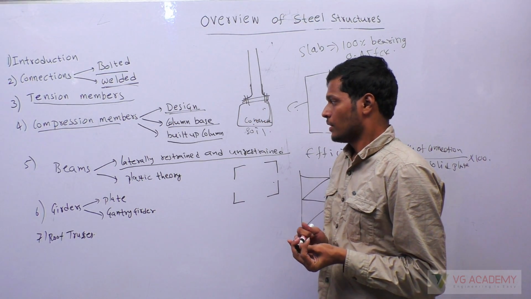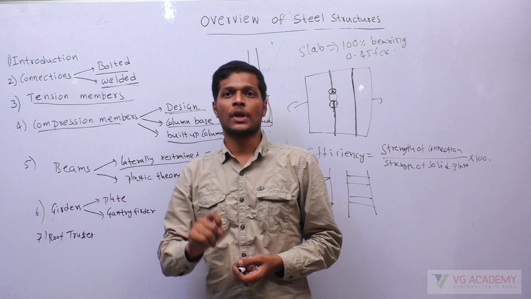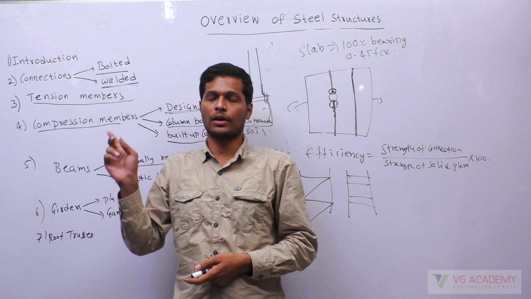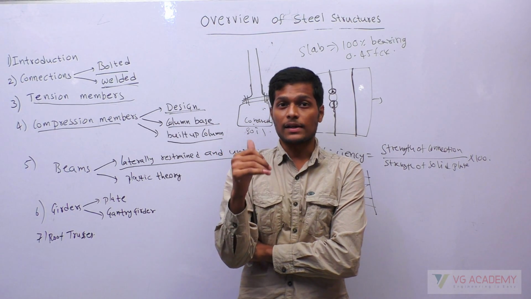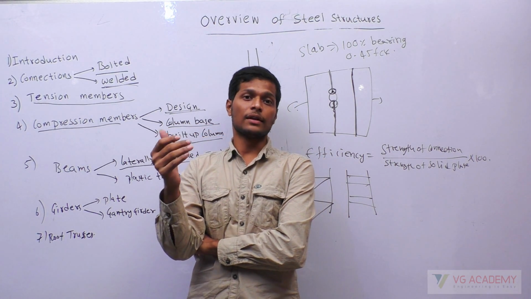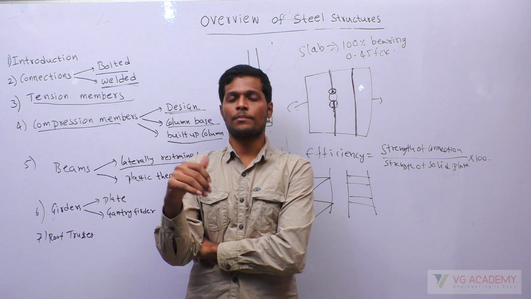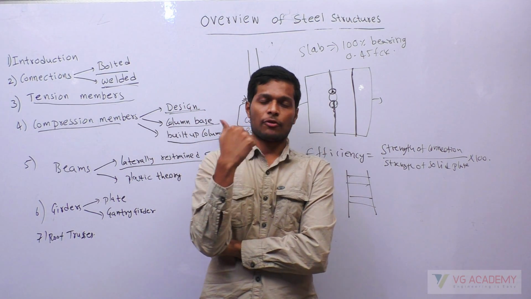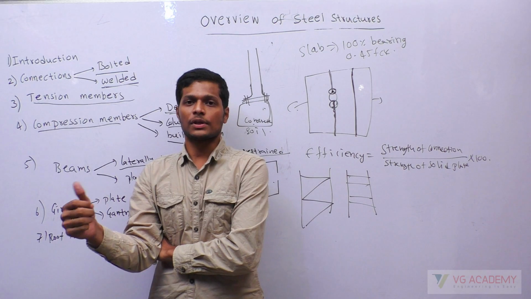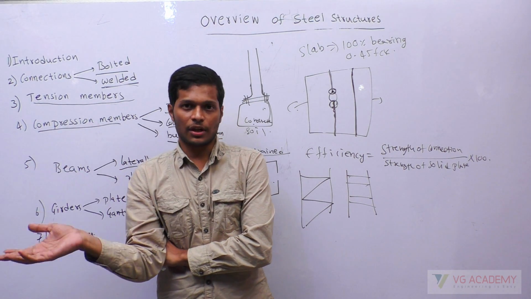Next, coming to shear. How do we design shear for RCC? First we see whether our tau v is less than tau c, or tau v is greater than tau c. If tau v is less than tau c, we use minimum shear reinforcement. If tau v is greater than tau c, then we use design shear reinforcement.